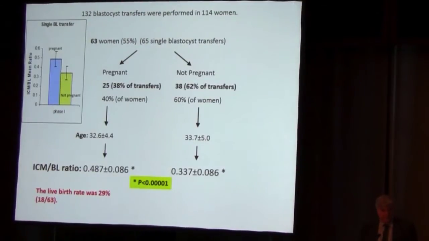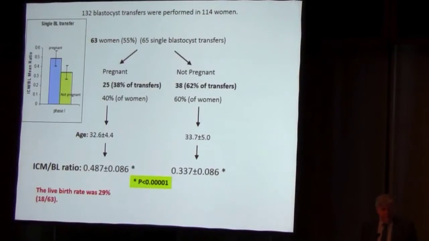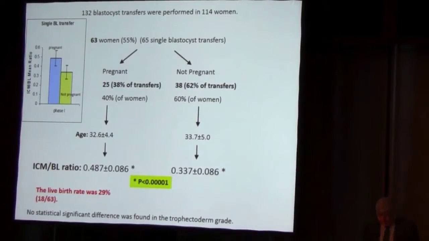On the other side, the 38 non-pregnant women, 60% of the women, had a ratio of 0.337. We found that this was significant.